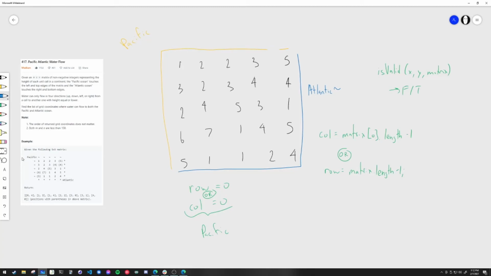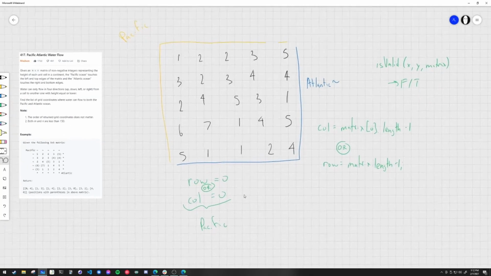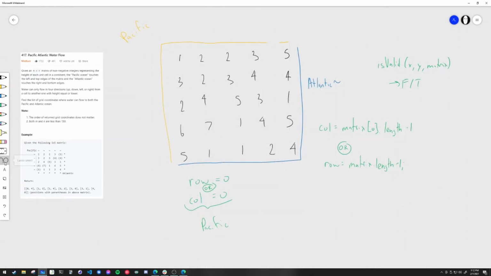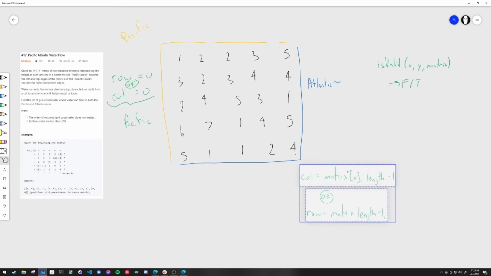I think I can also lasso this. Oh, I can lasso that. What's lasso? It's pretty much where you circle something, like in Photoshop, and then you can drag it and move it somewhere else. Oh, that's kind of useful.